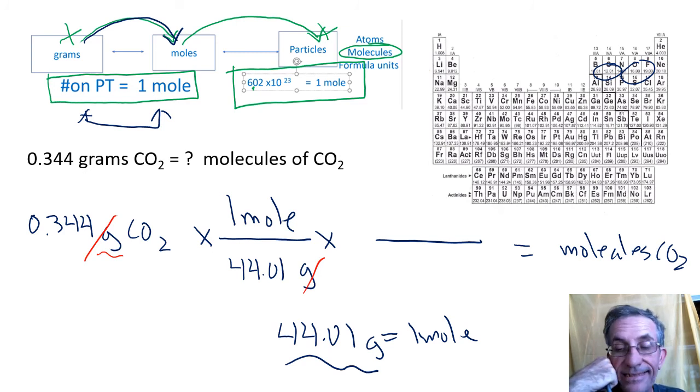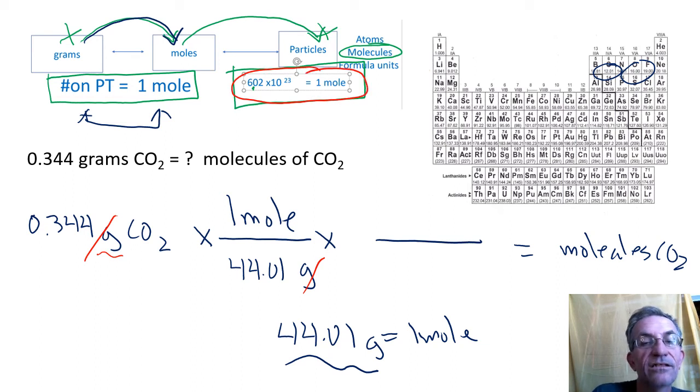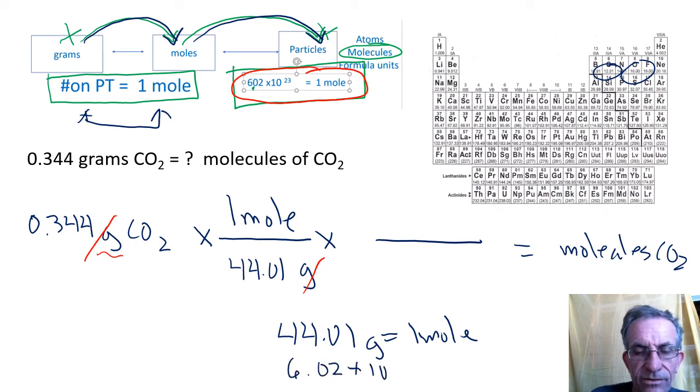But I don't want to stop now. I need to keep going. I'm going to go from grams to molecules. So now, to get to molecules, we're going to need to use Avogadro's number. All right, now let's remember how that works. Avogadro's number is 6.02 times 10 to the 23 is a mole. Oh, wait a minute.